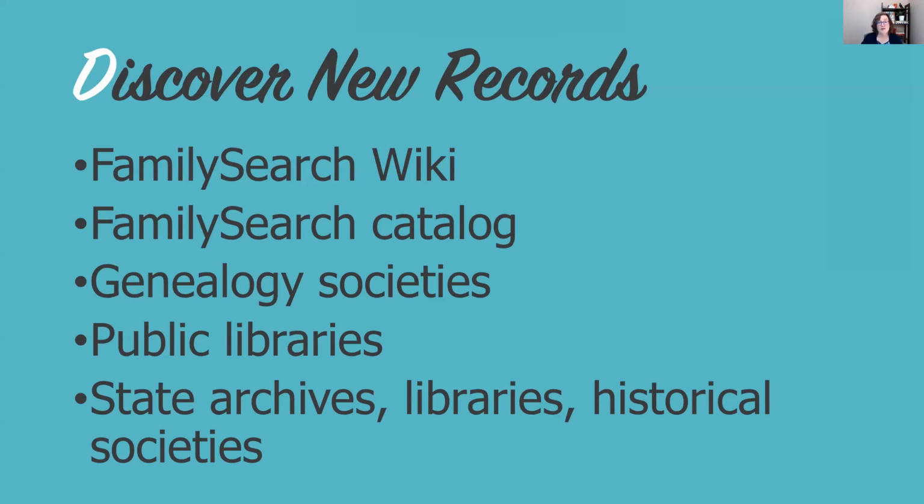They know what records were created, and just as importantly, they know where they are currently kept. And a lot of genealogy societies actually have resources on their website, even if you aren't a member. A lot of them will have at least basic research guides to get you started.